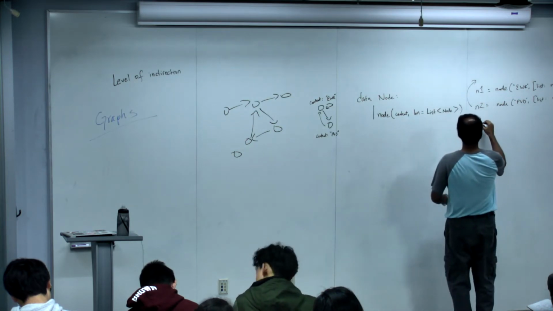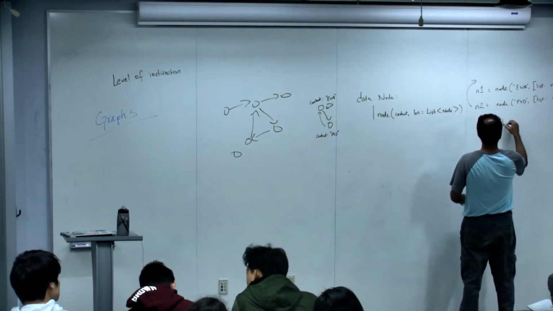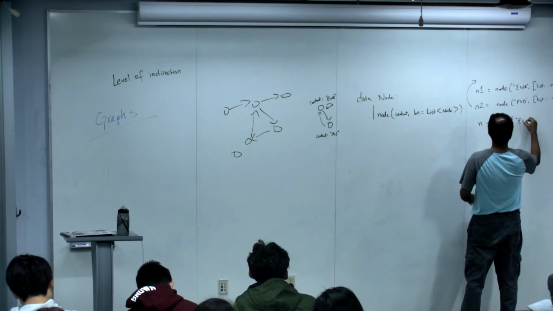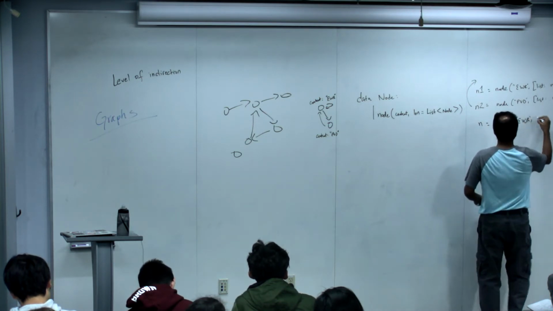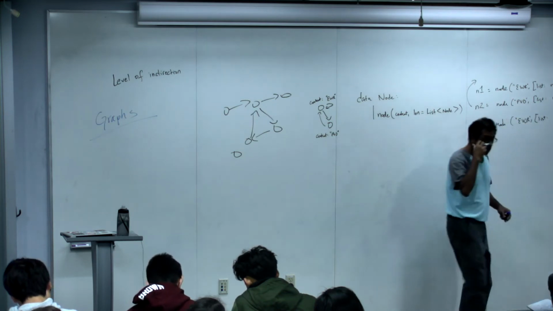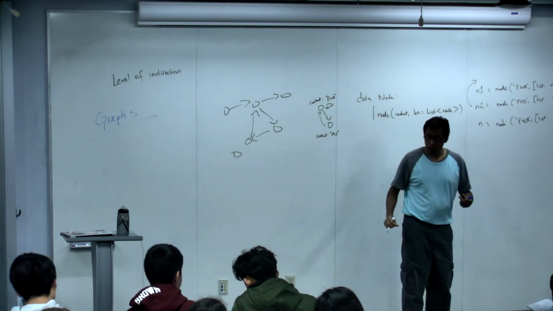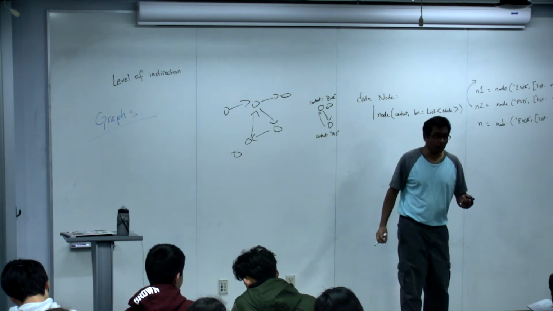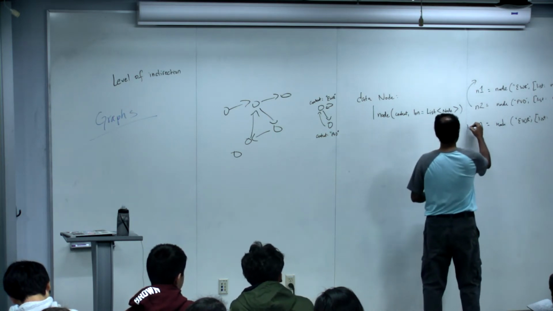So I would write something like N is node of, in this case EWR, and list of N. That's going to produce an error, but we saw a way around that error, right? We write rec. Does that solve the problem?